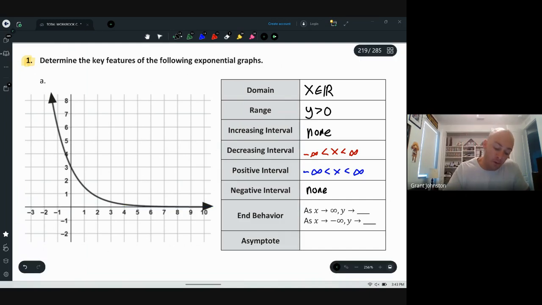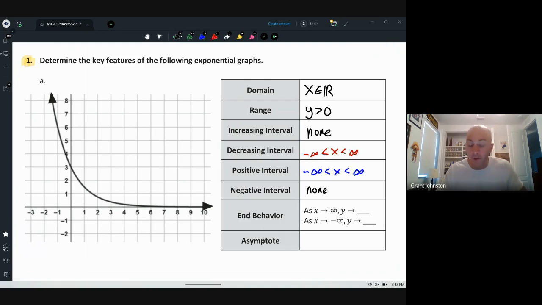Now the end behavior is a little bit interesting. So as x goes to positive infinity, as it goes to the right, where's the y going? Well, if you look at the line, it's going down, down, down, and it just kind of hovers over 0, getting closer and closer to 0 as we go in the x direction. I just want you to see that.